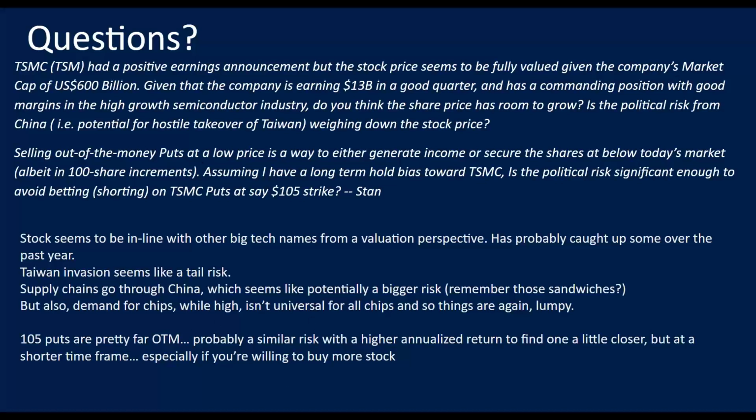All right, so Stan had a question here in the chat. He said, can you explain the difference between the PE and the PEG ratios? So the PE ratio is essentially price divided by earnings. Essentially, for every dollar of share price, how much earnings are you getting for that?